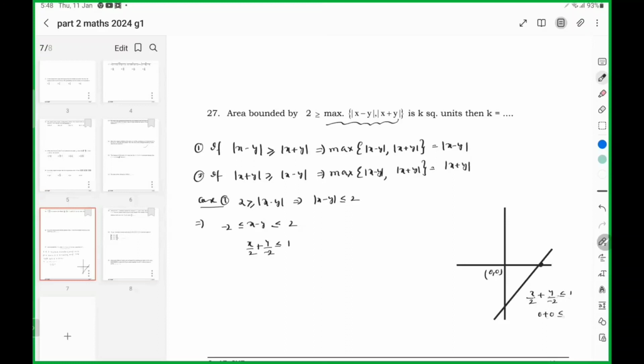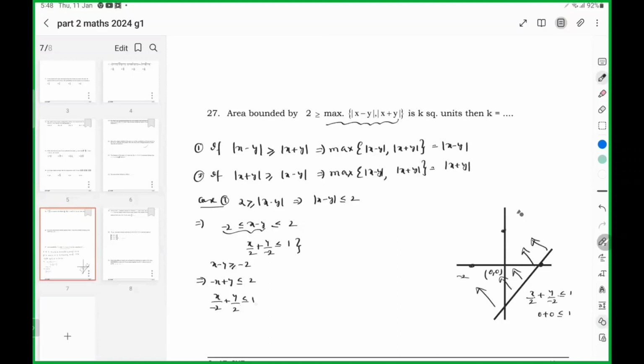To sketch the region, take 0, 0. That means this entire region here satisfies this condition. Another, here x minus y, from this we can write less than or equal to 2.